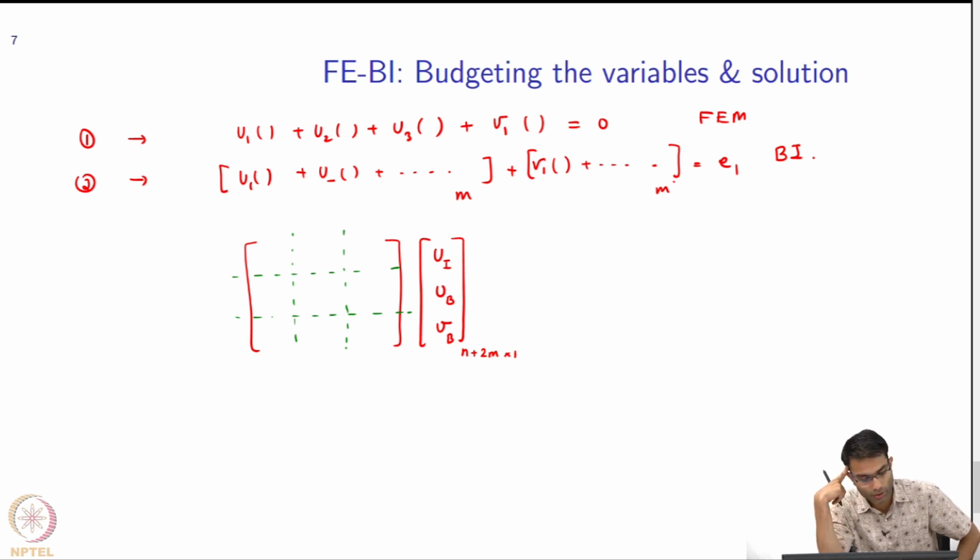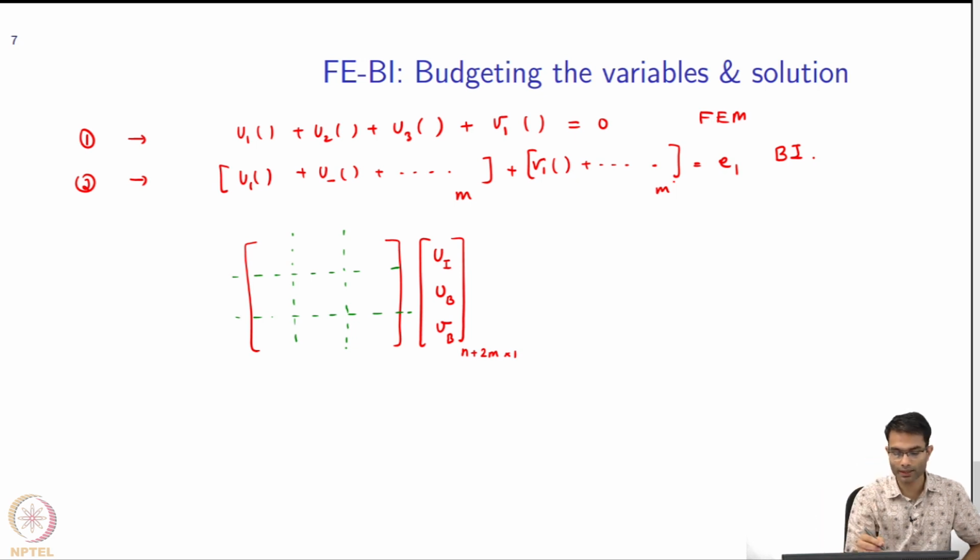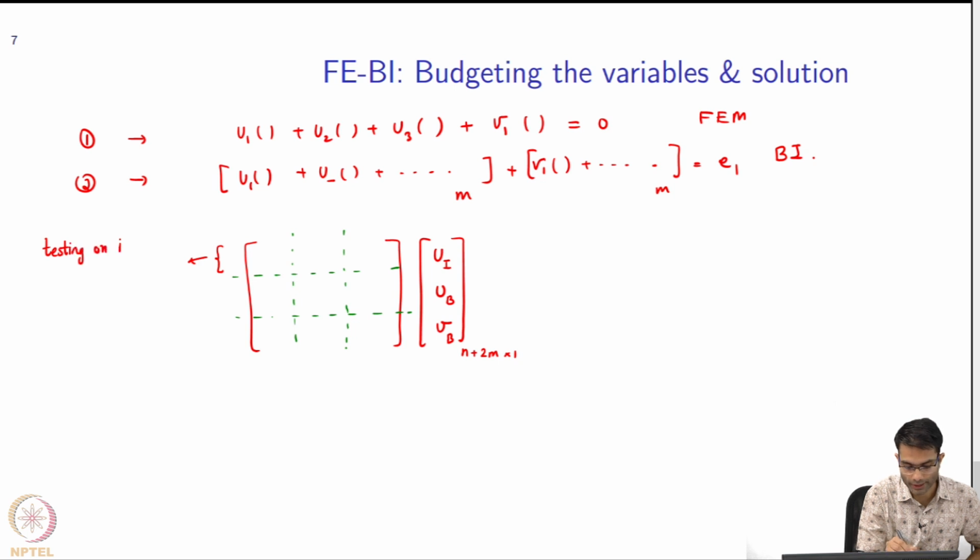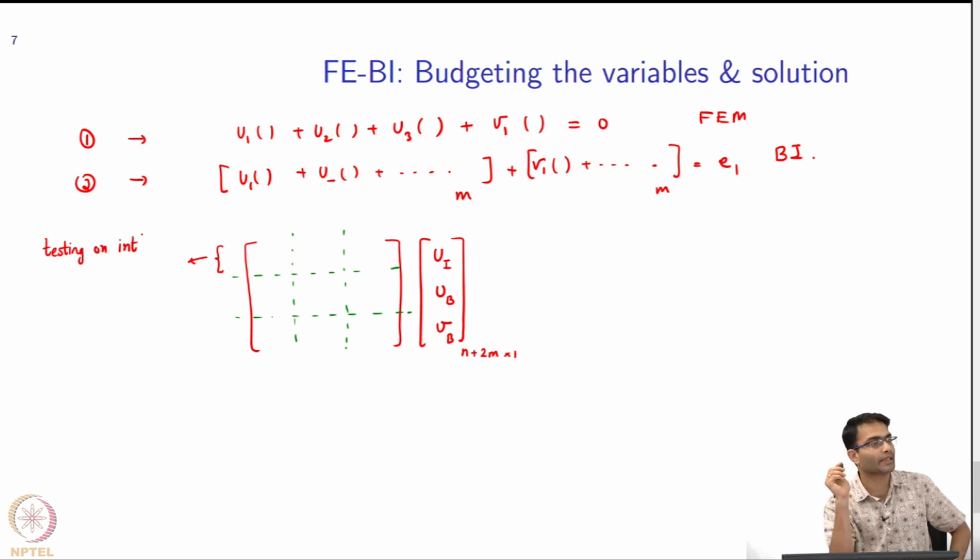So what do you think will be the structure of this matrix that I have shown you over here? I have broken it up into subparts. The first set of equations will correspond to testing on interior edges, those are the n equations.